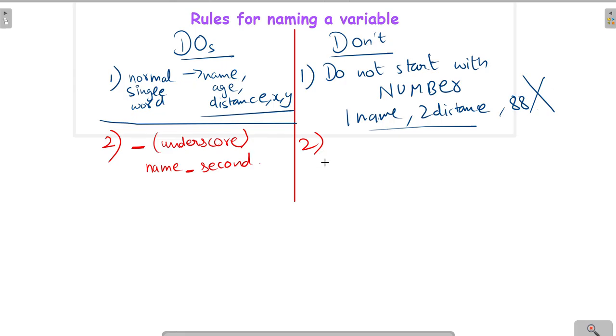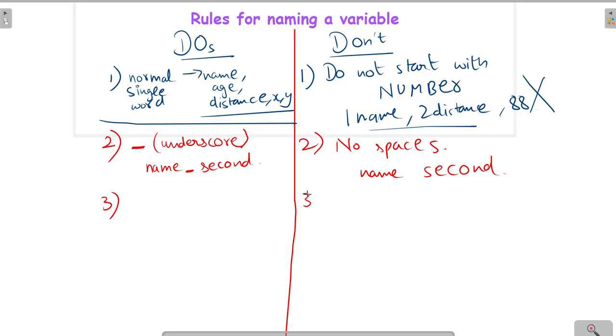But here, why are we using underscore? Because no spaces can be used. You cannot use space. Like you cannot write it like this, name second. So to have the space, we use underscore. Okay. Now there comes an exception. No special characters will get used. Okay.